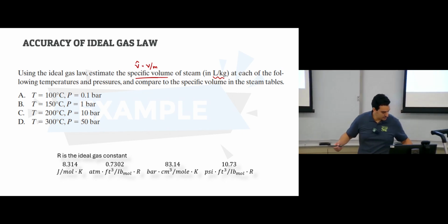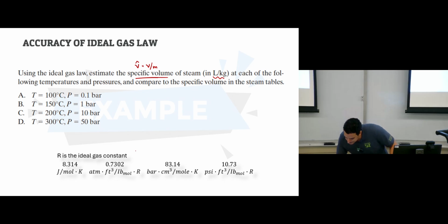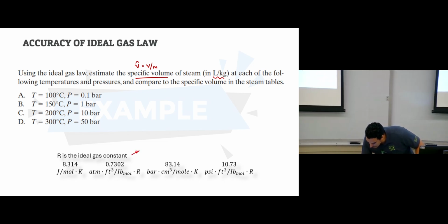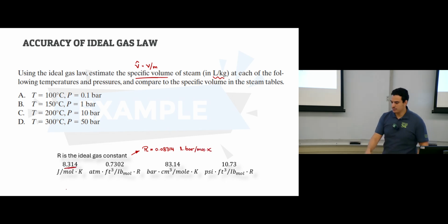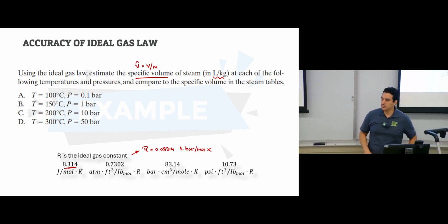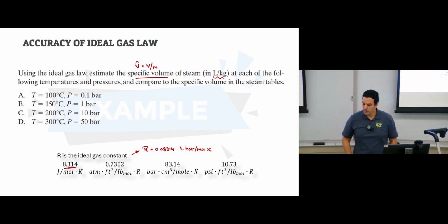Another value of R, which is 0.08314 liter bar per mole Kelvin. It's derived from the previous one, but this is another value that we can use. So all of these are values that you can use here.